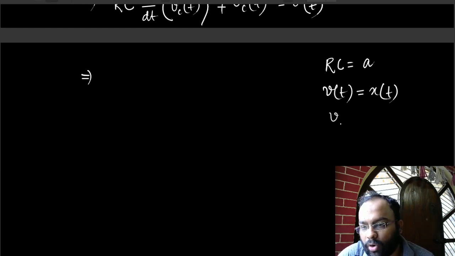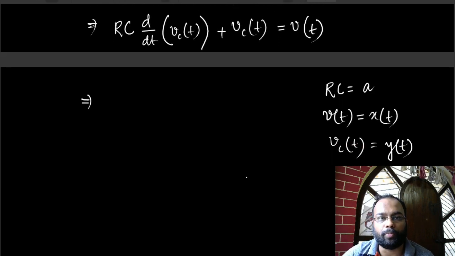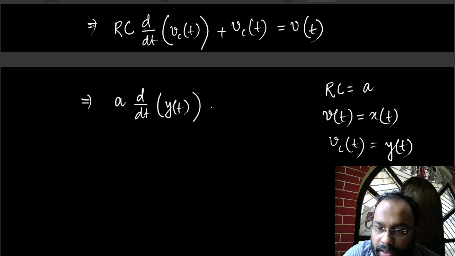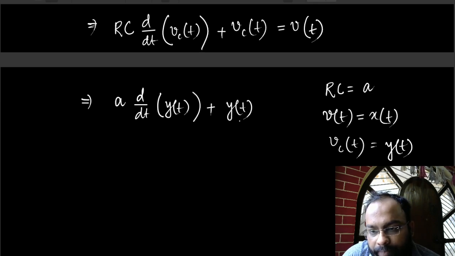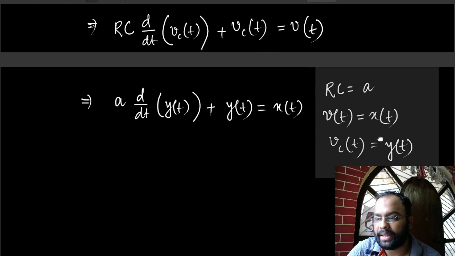And we are considering the voltage across the capacitor to be the output, because we consider yt to be the output. So with that said, this is going to become A d/dt of yt plus yt equal to xt, with this nomenclature in place.